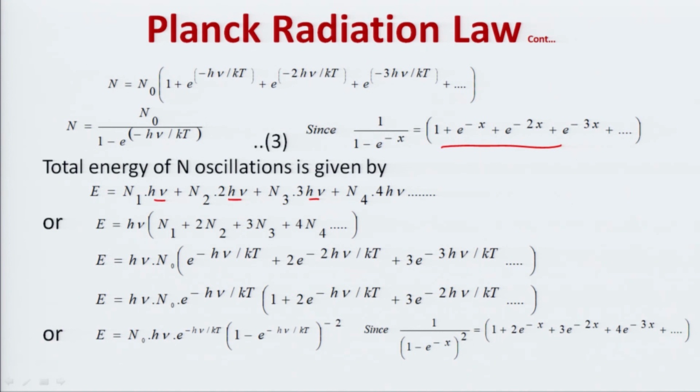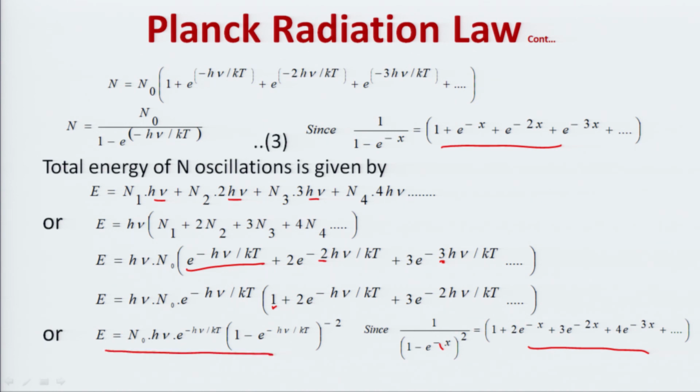Taking e to the power minus hν/kT common, if we put hν/kT equal to x, we have in the bracket 1 plus 2e to the power minus x plus 3e to the power minus 2x and so on. This is the series of the function 1 upon (1 minus e to the power minus x) whole square. Putting the value of x, we have this.